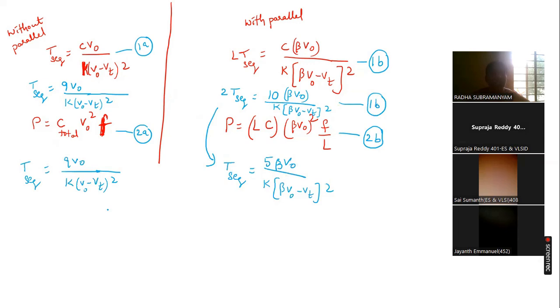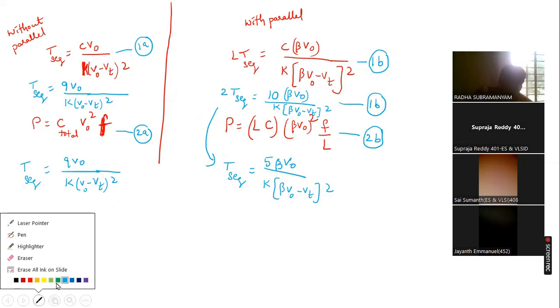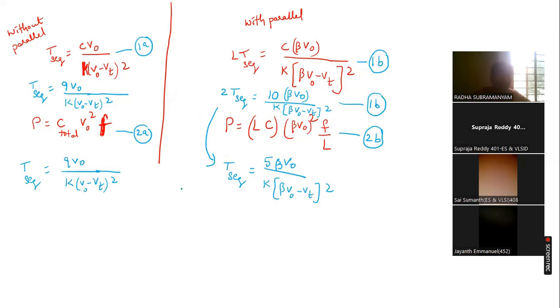Now equate only the RHS in these two equations. Whatever gets cancelled, we will cancel off. Equating only the RHS, this V naught will get cancelled, this V naught also will get cancelled, K will get cancelled.